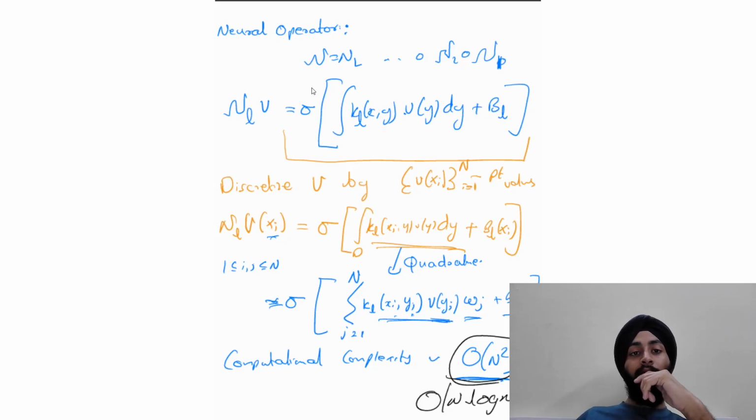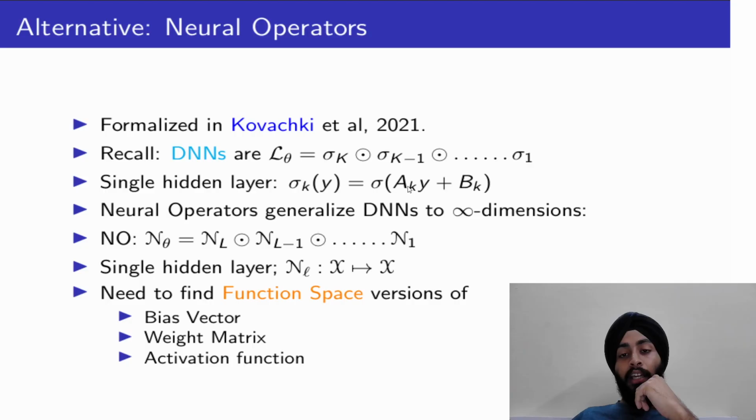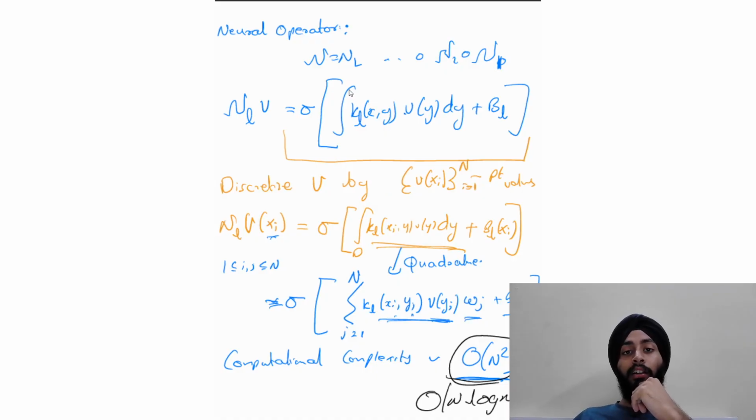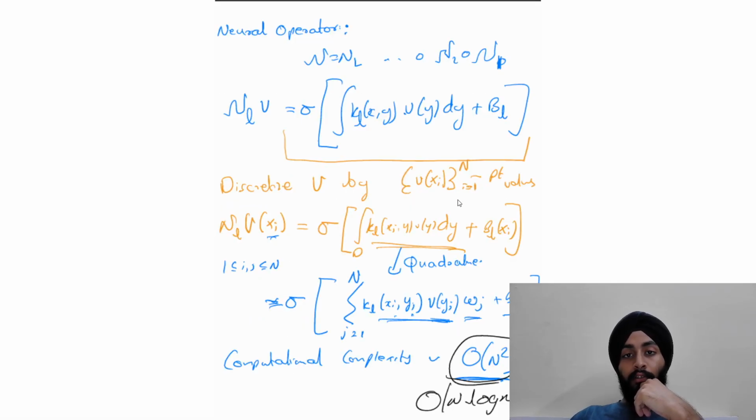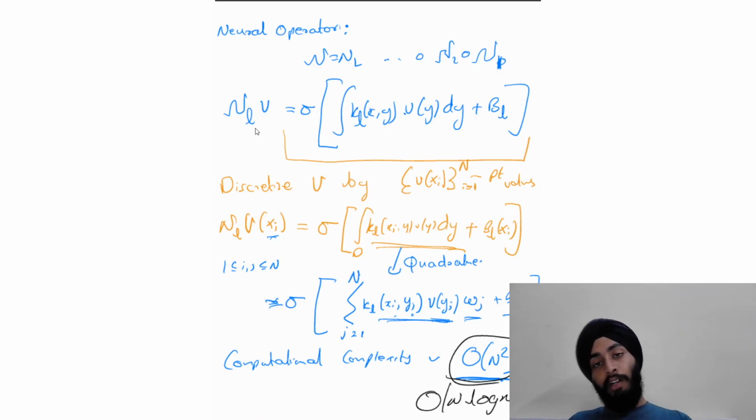It is mathematically defined as, rather than taking a multiplication, so for instance, this A_k was being multiplied by v using a matrix multiplication, what I'm generalizing it to is an integral over the entire input space, and this is the kernel that I'm getting at the kth layer, k_l(x, y), which is multiplied by v(y) dy, and I'm adding another function defined for the kth layer. And I'm again adding some nonlinearity in the end. And what this does is that I can basically change my x and get the output function at the desired x that I want.